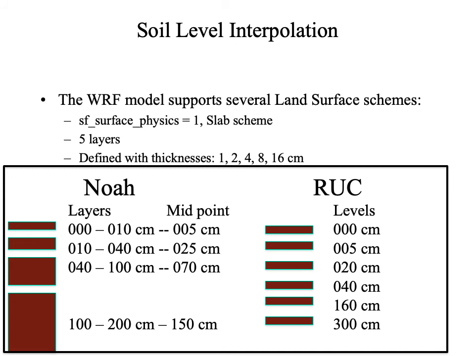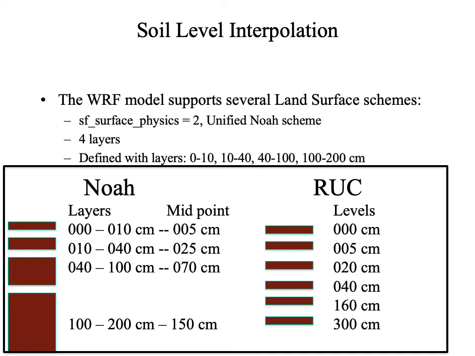For surface scheme number 1, which is the thermal diffusion only, the thicknesses are defined as 1, 2, 4, 8, and 16 centimeters. So we would end up with data interpolated from input data from MetGrid to those 5 levels.